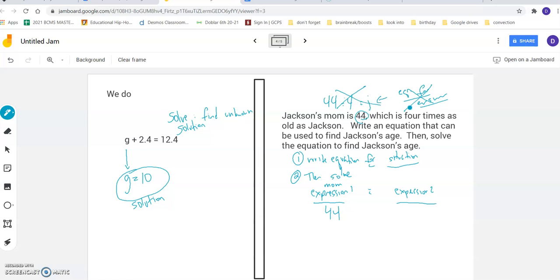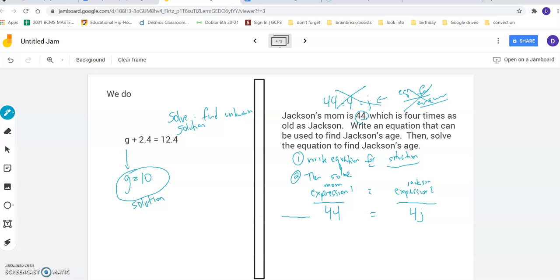Expression number 2 is what we know about Jackson's age and how we relate it to mom's age. So we know she's 4 times as old as Jackson. So if I take Jackson's age, I'll do J, and multiply it by 4, I get mom's age. So this is what we got out of the situation. 4 times J, 4 times however old Jackson is, equals 44.